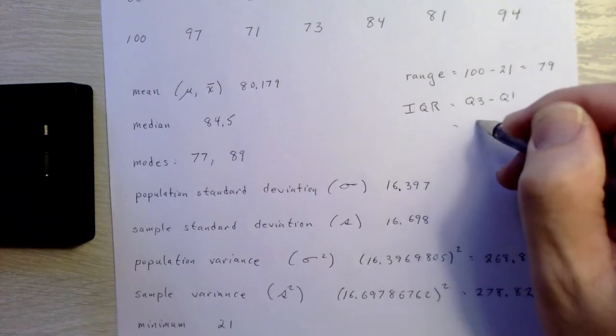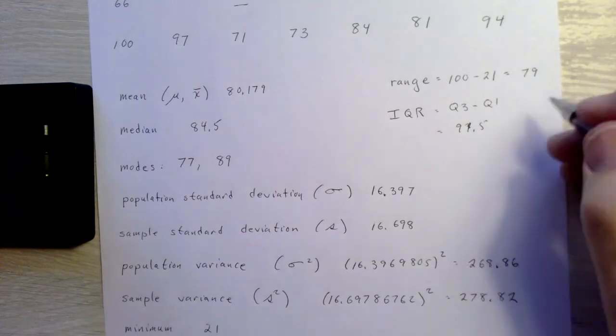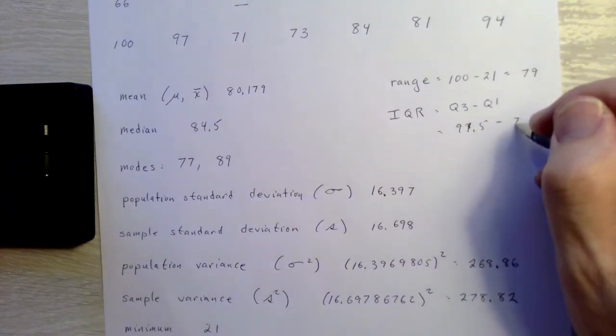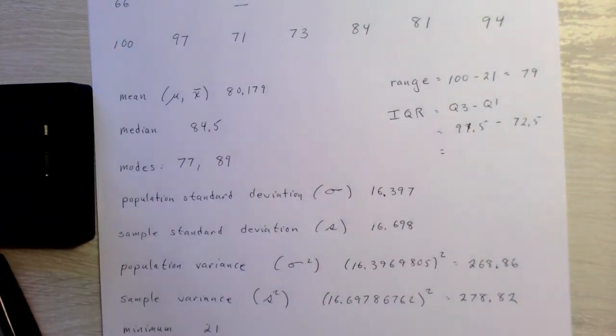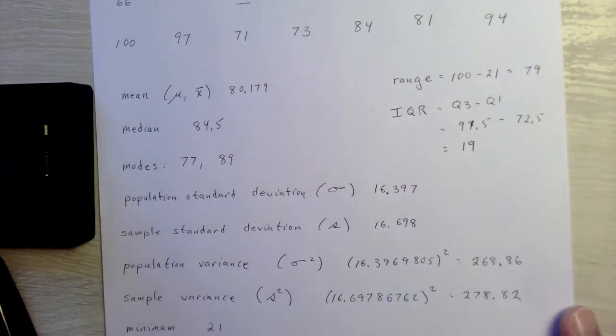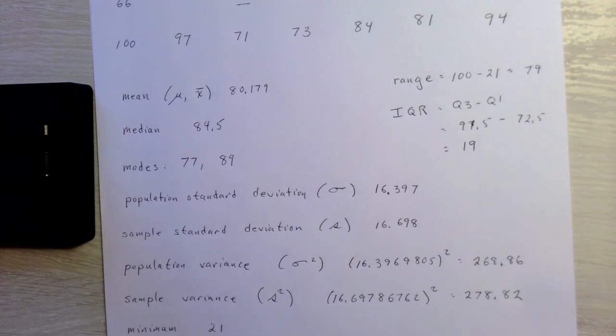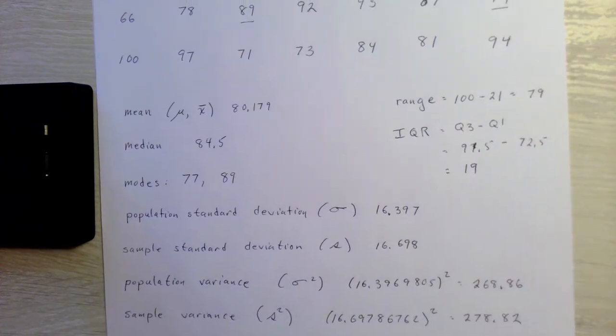So this is 91.5 minus 72.5, and that is 19. And so that's the interquartile range.